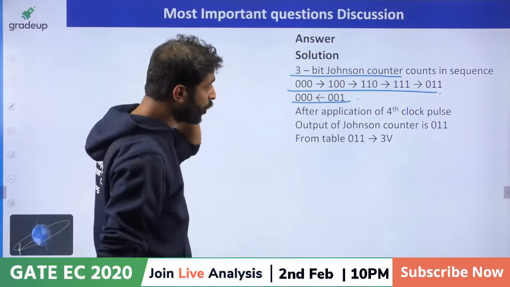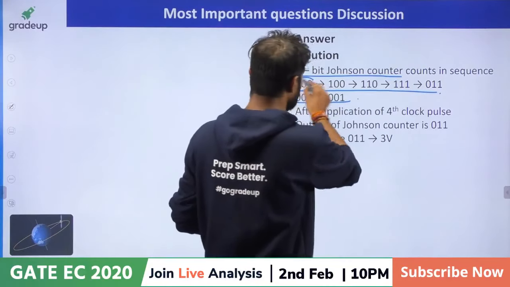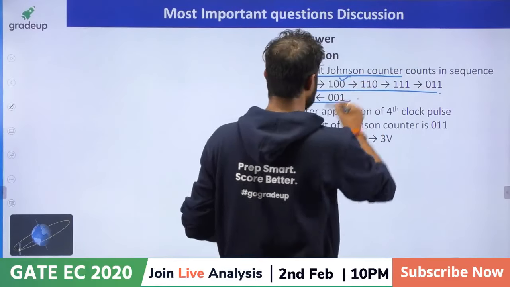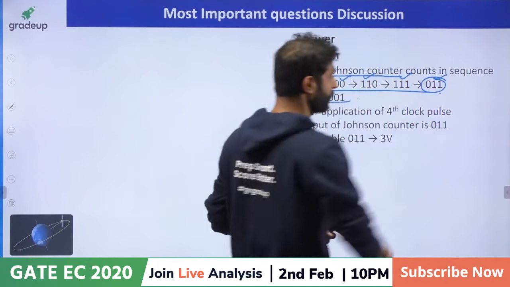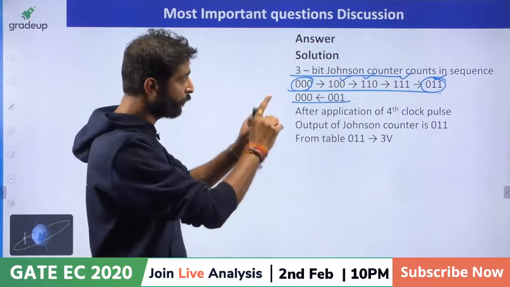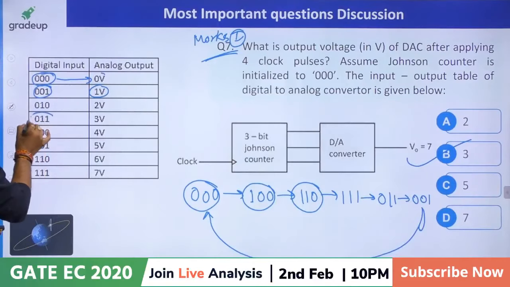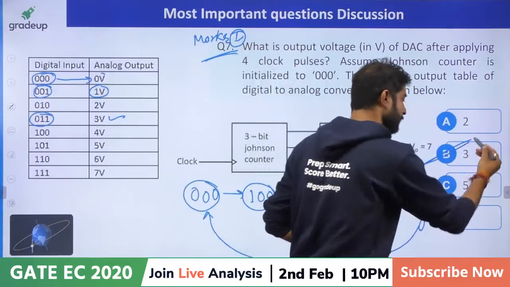After the applying the 4th clock, what is the condition? 0 is given, right? Already given in the first, right? So in the first clock you will get the answer this, second this, third this, and fourth clock you will get the answer this, right? 011. Yes, for the fourth clock you will get the answer 011, and for the 011 the input is what? The 3 volt. That's why the answer is what? 3 volt, right?